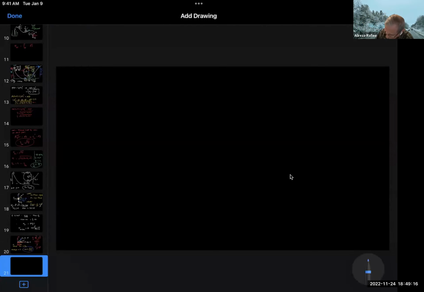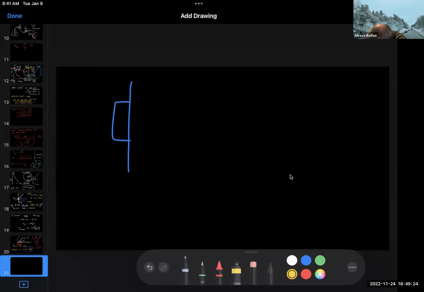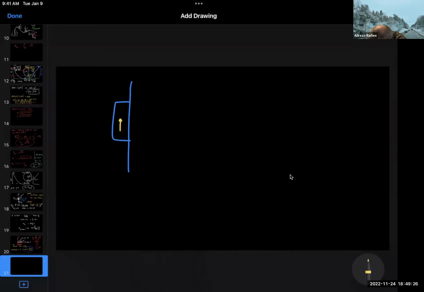Okay, so this is the wall, and this is the brush. The brush itself has a mass, so there is a force downward. Then you're pushing it in this direction, technically, right?